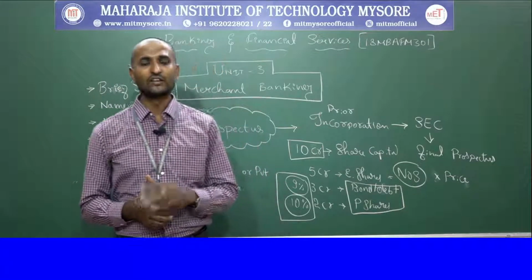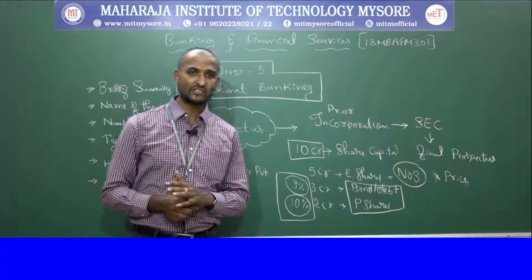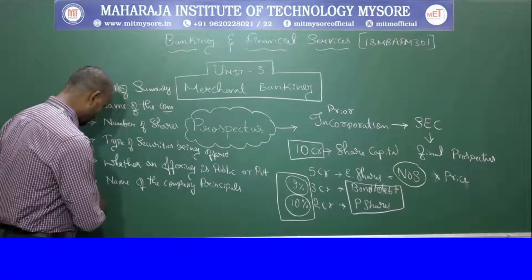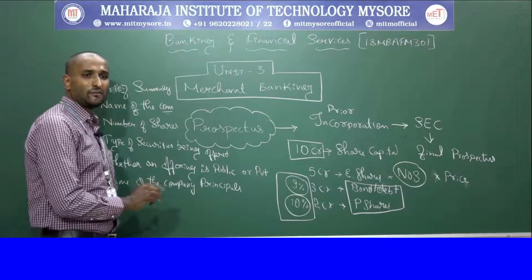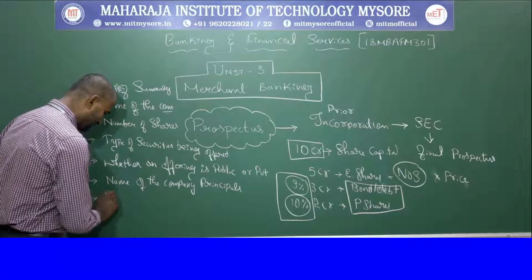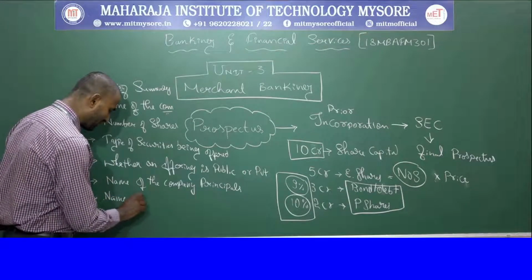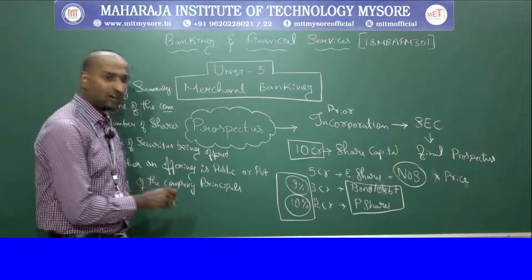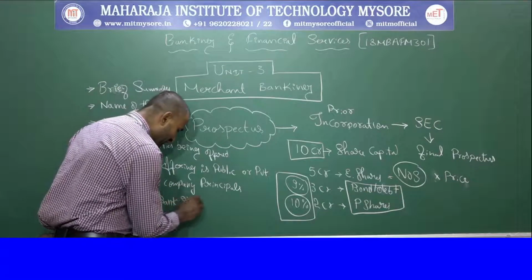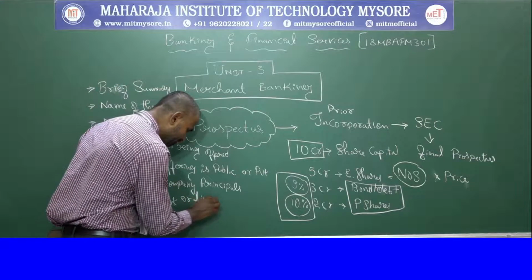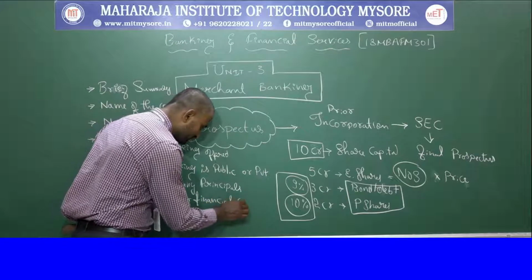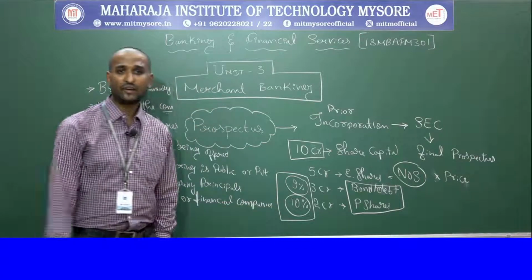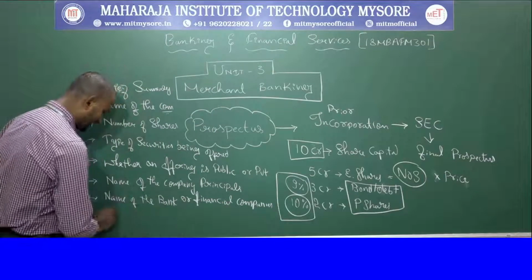At that time, the profit sharing ratio also needs to be mentioned in the prospectus. They must also mention the name of the bank or the financial institution or financial companies performing the underwriting.